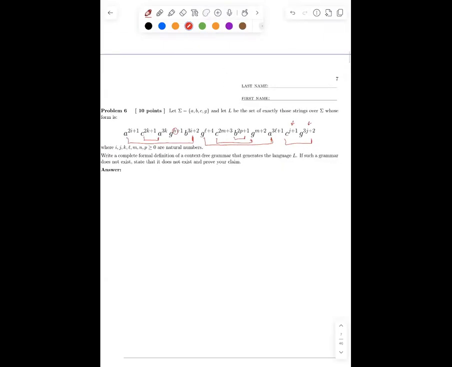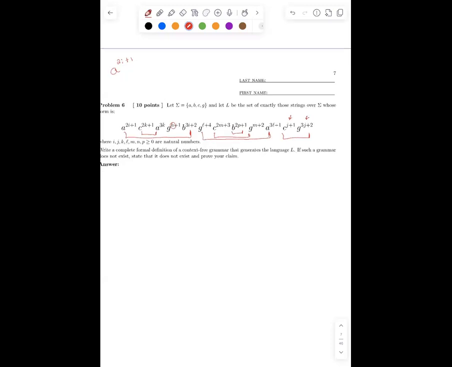Otherwise, if I had something like 2AI plus 1, and for example, I have MB3L here plus 1, and then I can get like 10 plus 2 and C4L.